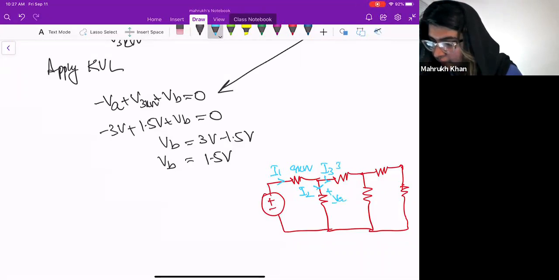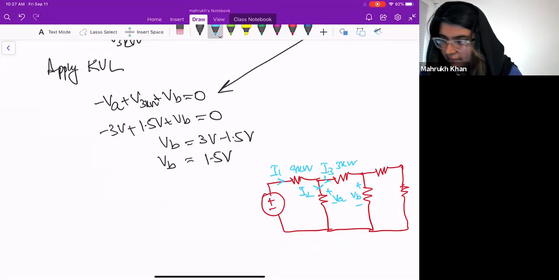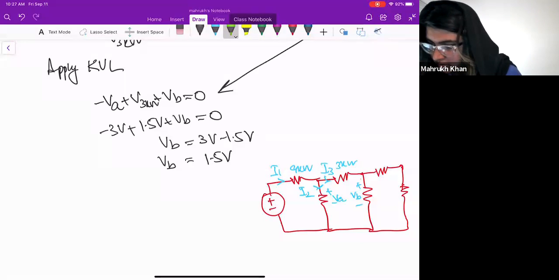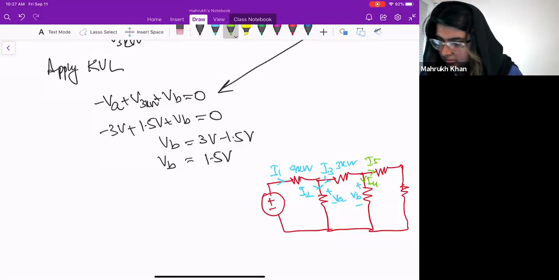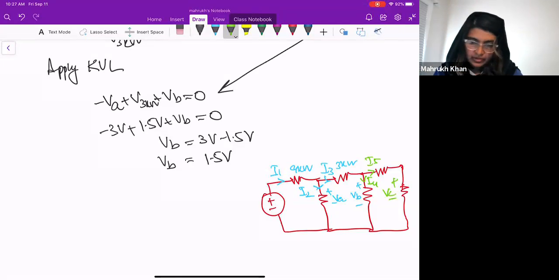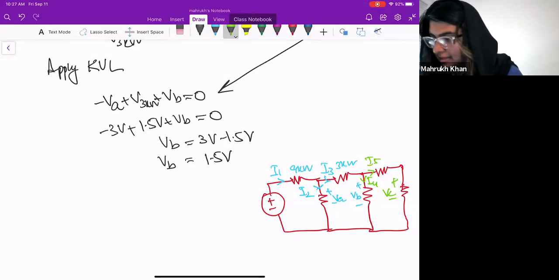We found the voltage across 3 kilo ohms. We found VB. Okay, the things which we have not found yet are I4, I5, and VC. So do you think it's now easy to find these things, right?